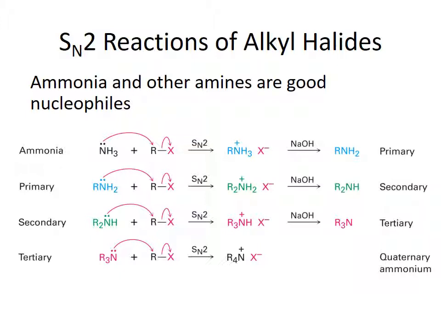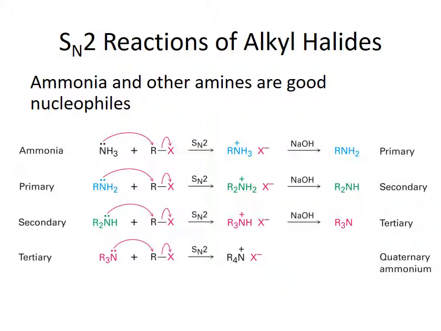If ammonia adds once, you get a primary amine. If a primary amine reacts with an alkyl halide, it'll give you a secondary amine. If a secondary amine reacts with a halide, it'll give you a tertiary amine. And a tertiary amine will actually react with an alkyl halide again to give you a quaternary ammonium salt.